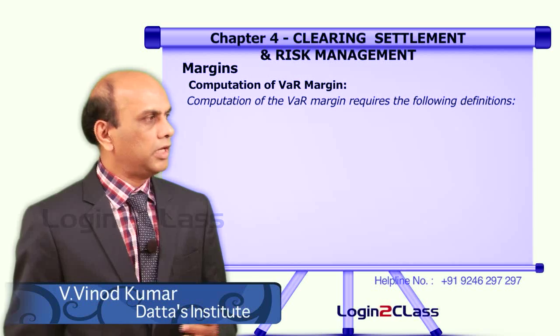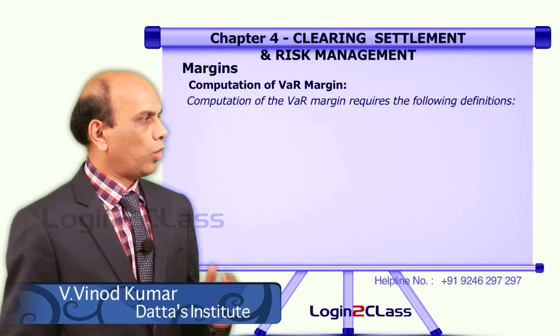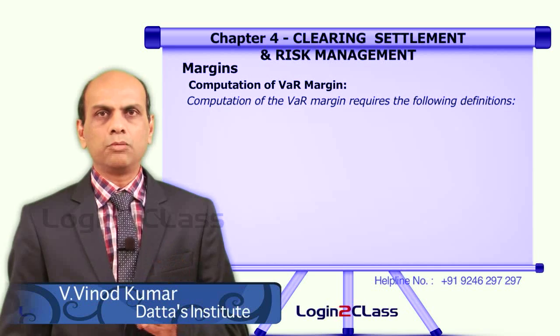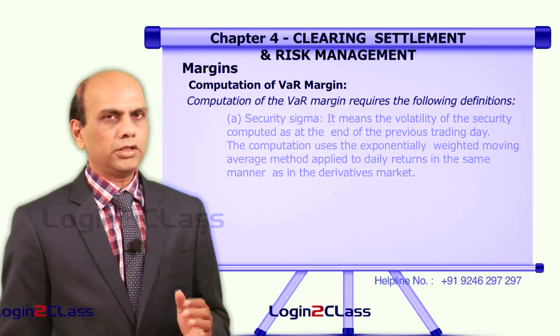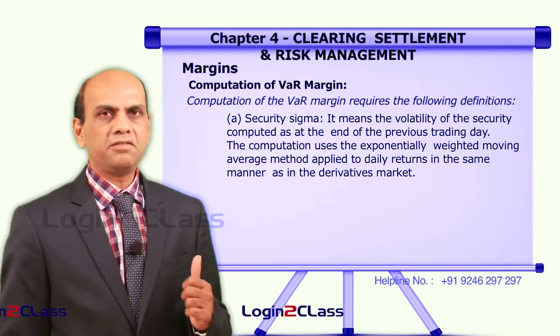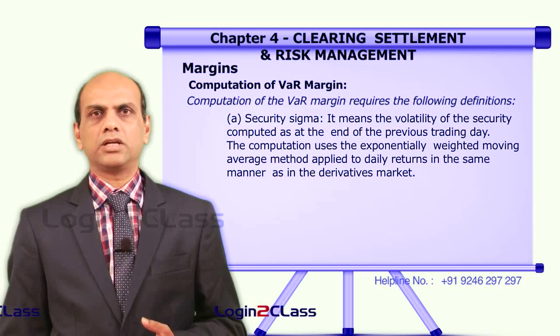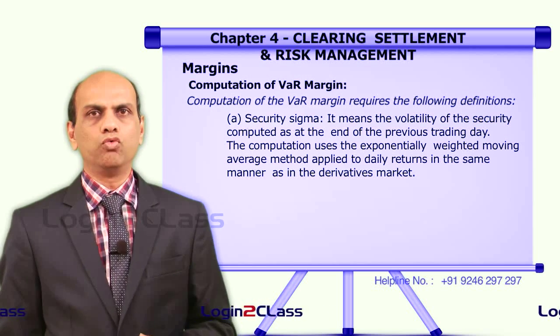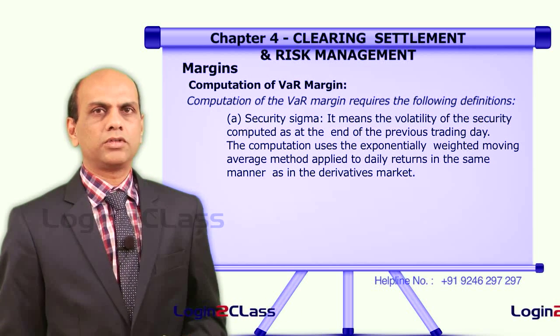Computation of VAR margin requires the following definitions. 1. Security sigma. It means volatility of the security computed as at the end of the previous trading day. So, it is basically the volatility that has taken place, that is the percentage of move a stock has taken place the previous day at the end of the trading day.